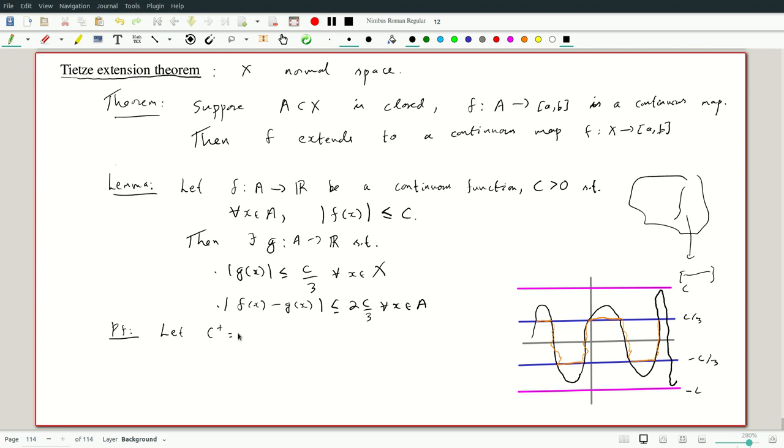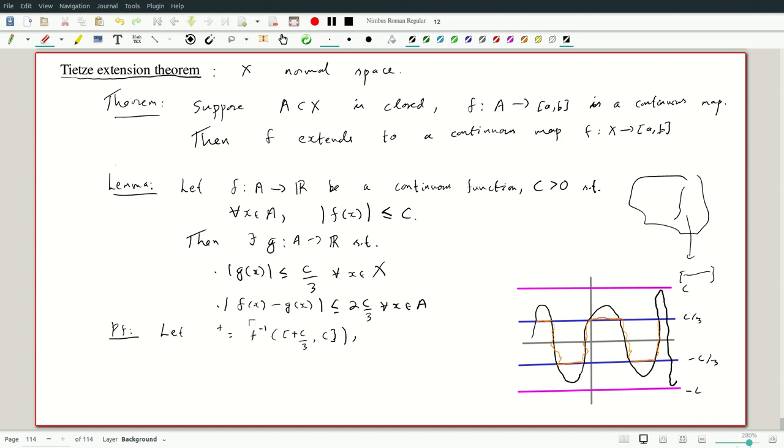Let C plus equal F inverse of... A is closed, so closed sets and closed sets are closed sets. So F inverse of, if I took minus C by 3 C and C plus C by 3 C, and minus C is already used, so bad choice of notation.